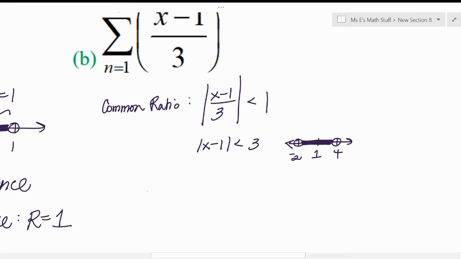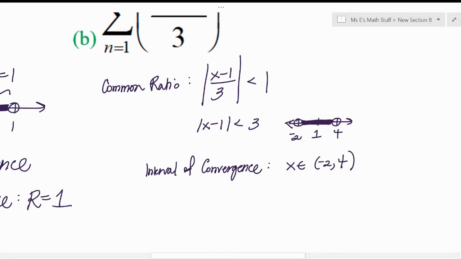Anyway, so for this one, we would say that the interval of convergence would be x values between -2 and 4. And then if you were asked, well, what's the radius of convergence?